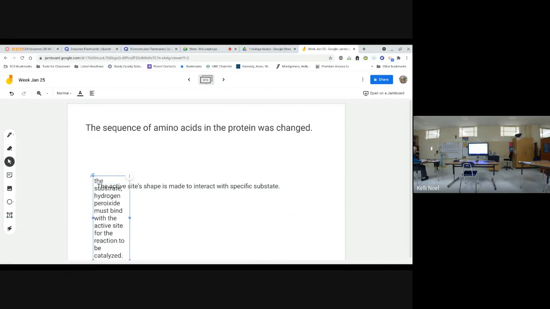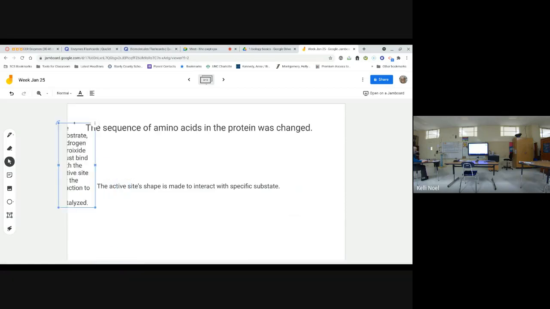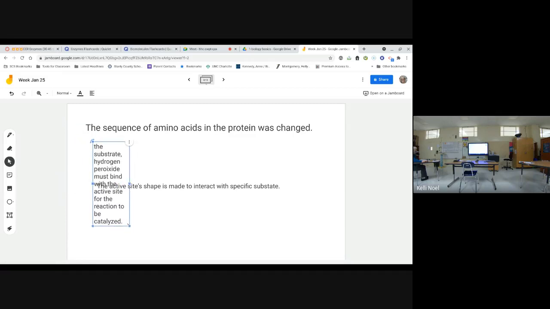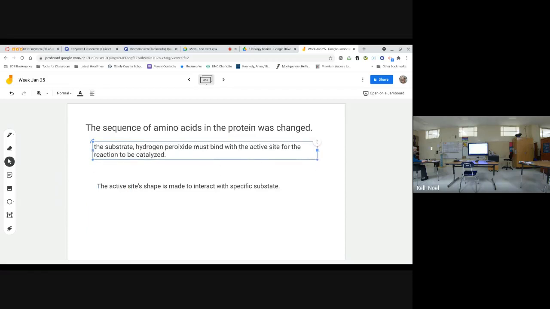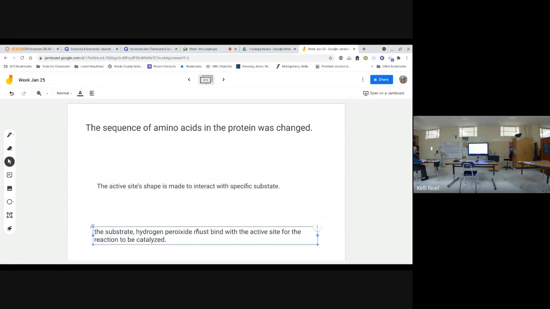So I'm just using the terms from the writing. And why I left spaces is a lot of times I like to put my reasoning with my evidence. And these should be capitalized there.